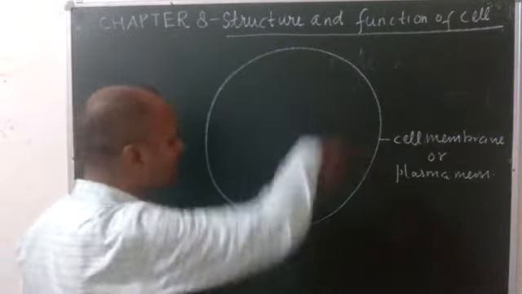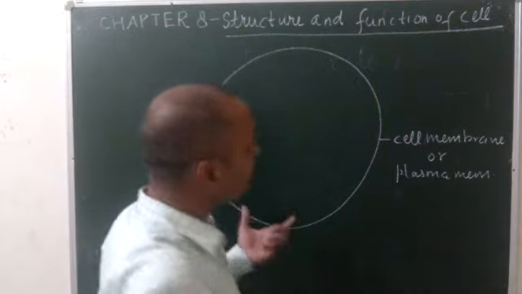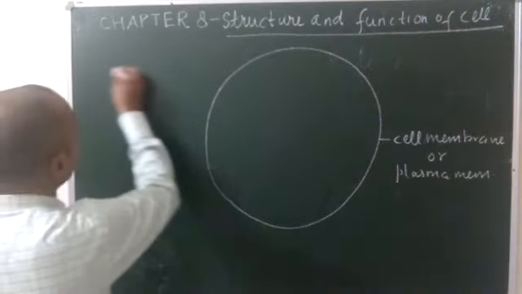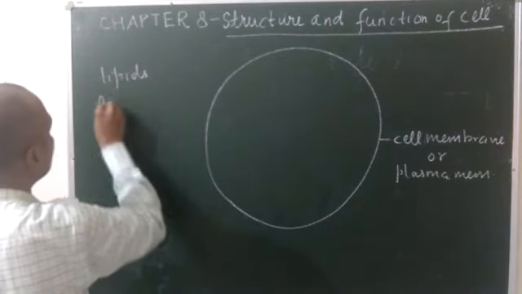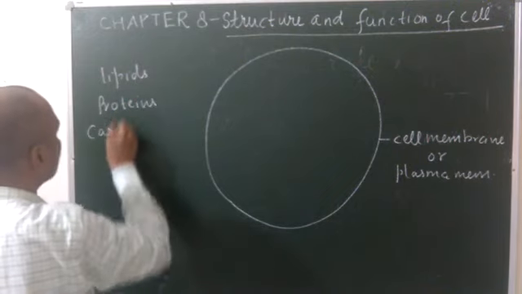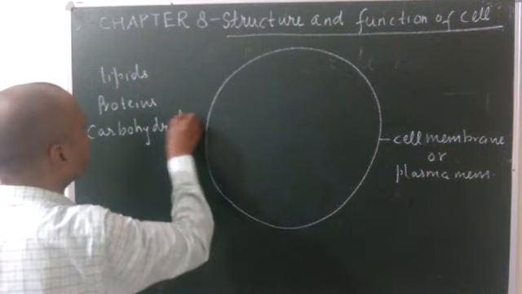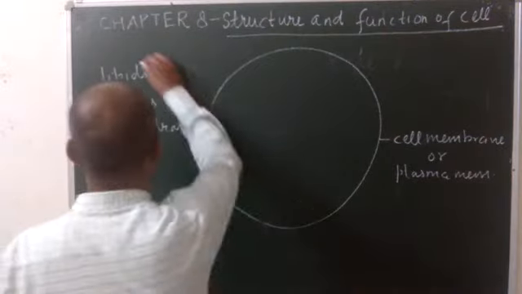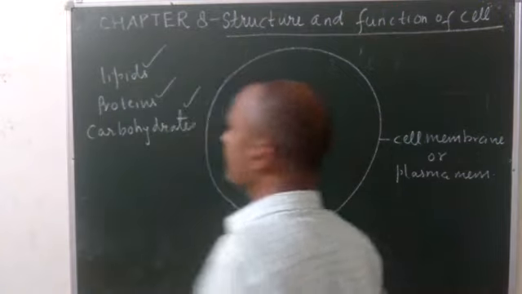It forms the outer boundary of the cell. Each plasma membrane consists of three compounds: lipids, proteins and carbohydrates. These you will read in the higher classes. First one is lipids, second is proteins, third is carbohydrates.